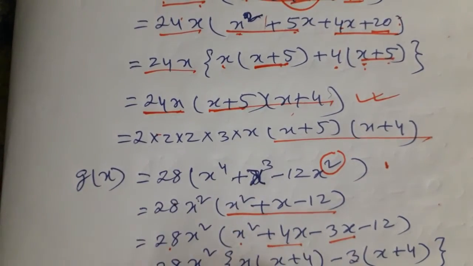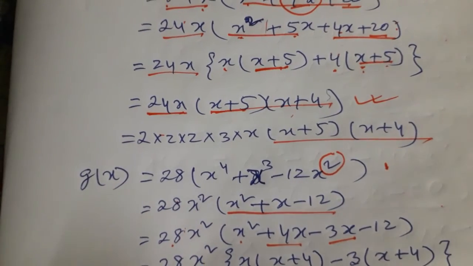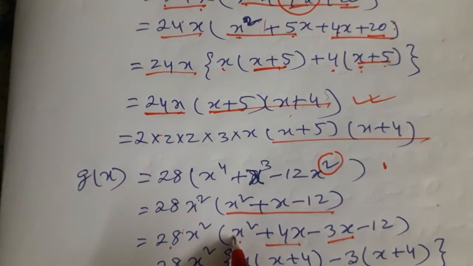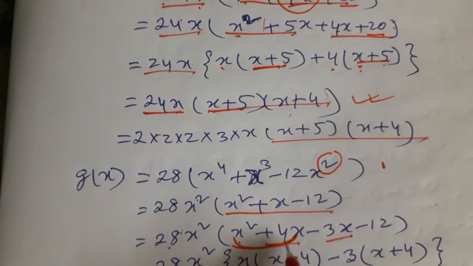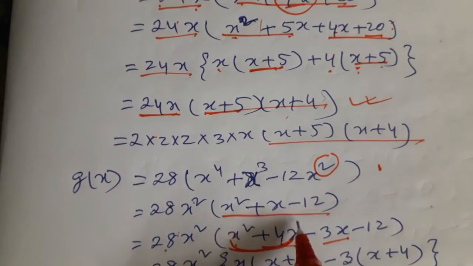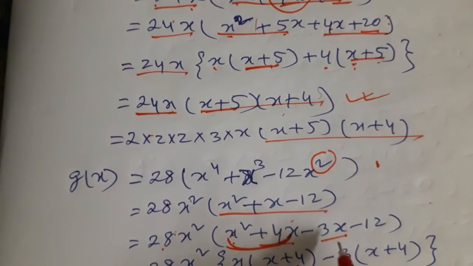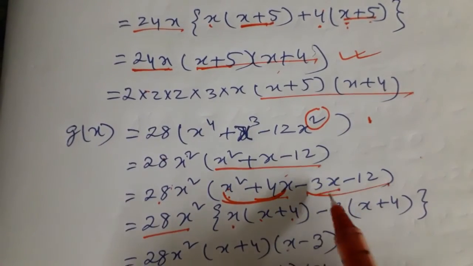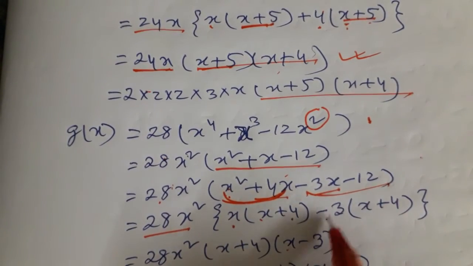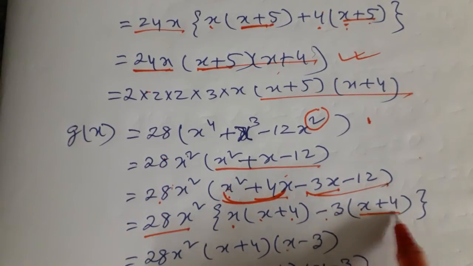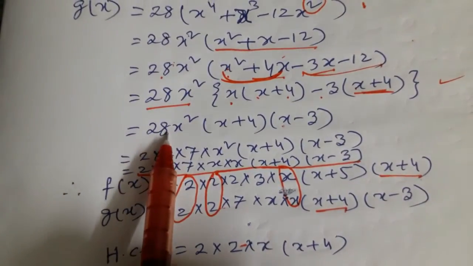Then the next one you write as it is, and from the first pair you take common x, then it becomes x plus 4, and from the next pair you take common 3, then x plus 4 is retained. You write here this one as it is.